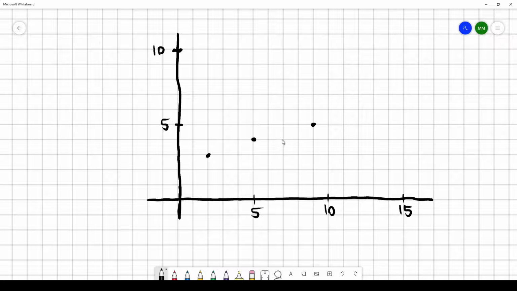Oh, no, this point should be here. Centimeters, and then this here is days.